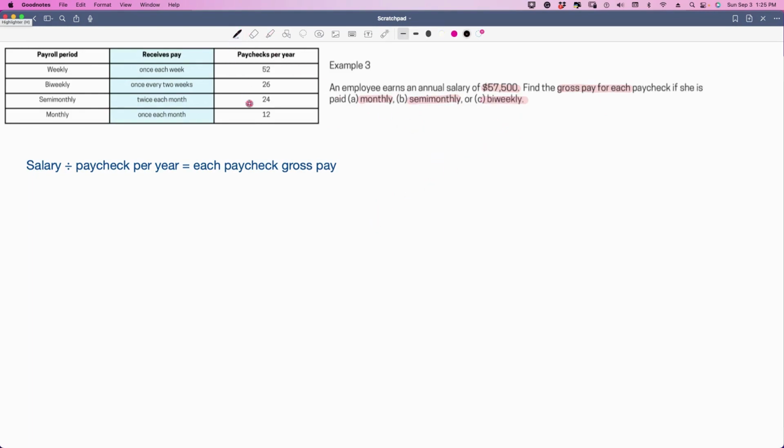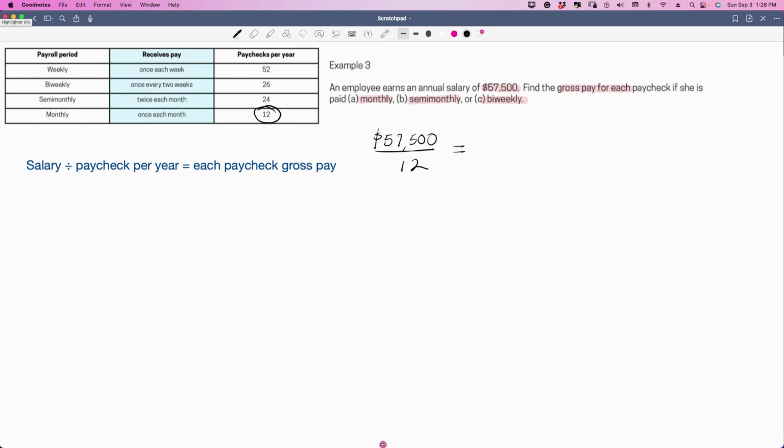So first, we figure out how many paychecks, if she is paid monthly, she would have. And that tells us how much each paycheck is going to be. So for monthly, there's 12 paychecks a year. So we would take $57,500 and divide that by 12, and that's going to tell us how much she makes each month in one paycheck.